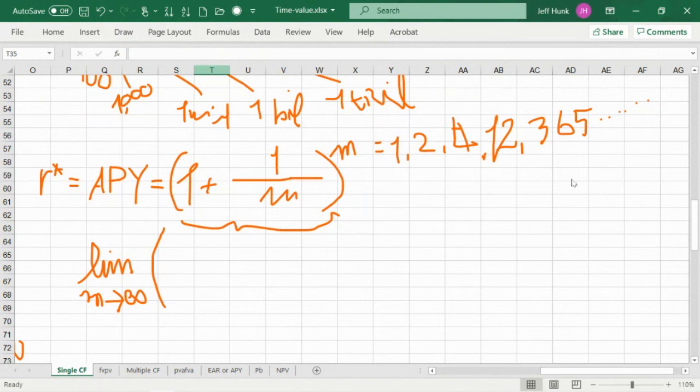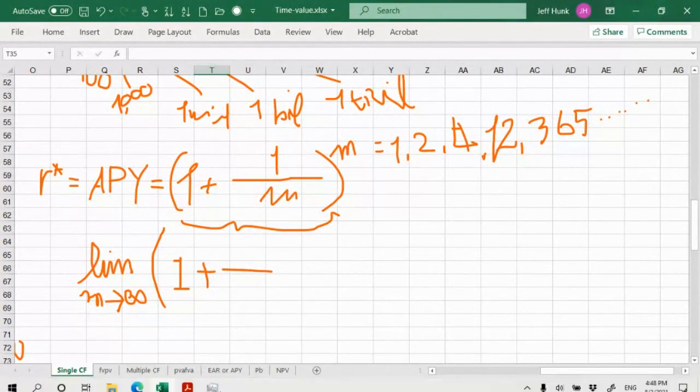Isn't that right? We are segmenting 1 year. In other words, we're breaking up time into smaller pieces. You understand? Does everyone understand what I'm talking about?